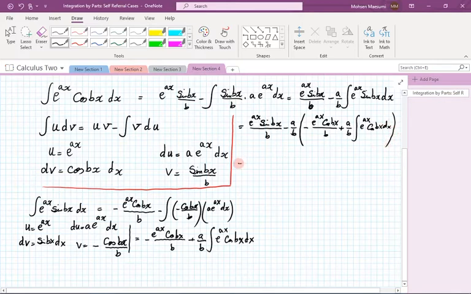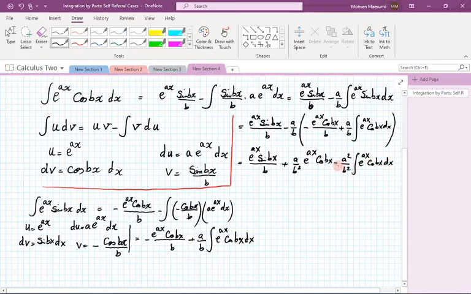Let's expand this thing. So I'll have exponential of ax sine of bx over b, and here I have a over b squared of exponential of ax cosine of bx, and then minus a squared over b squared of integral of e^ax cosine bx dx.